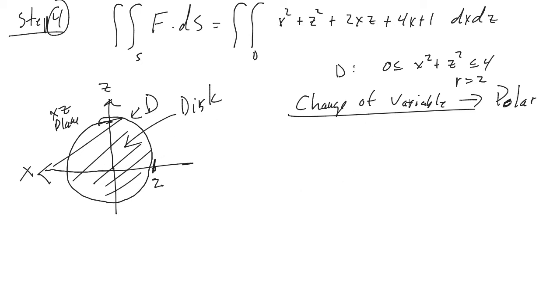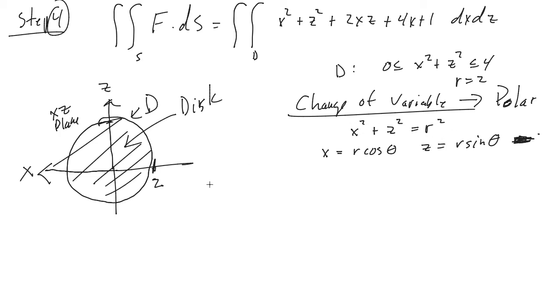All right, so now x squared plus z squared is equal to r squared, that means x is equal to r cosine theta, and we're going to let z equal r sine theta, and r goes from 0 to 2, but let's not write that down.